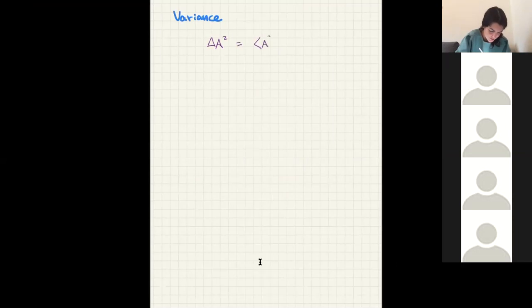For an observable, it's just this minus this. Sorry, this should not be a P, it should be an A. It gives us a measure of how spread out this is.